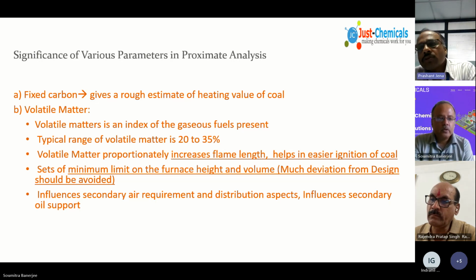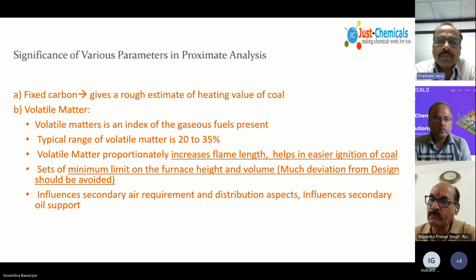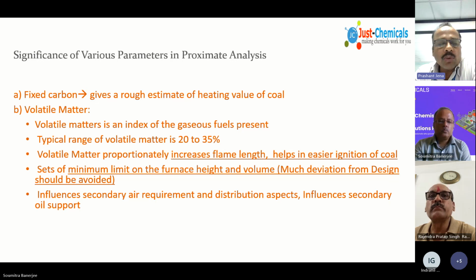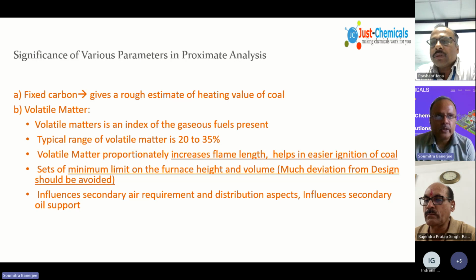Just one question. Whatever imported coal we are getting at 2 units, that is at Nira and Bharuch, the volatile matter is working out to be between 25 to 35%. So I just wanted to ask, is secondary air requirement there or not? Because in the existing boiler, we don't have secondary air. No, secondary air requirement is not there, sir.